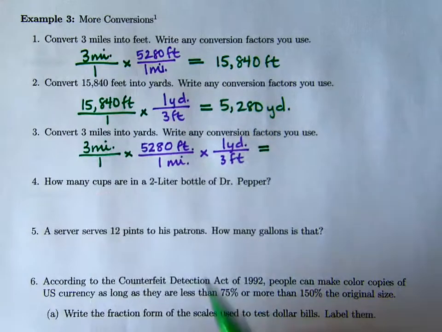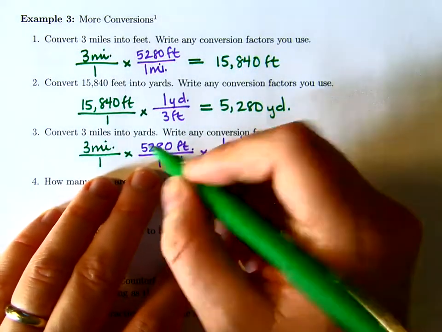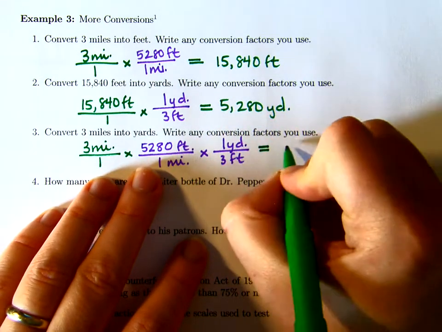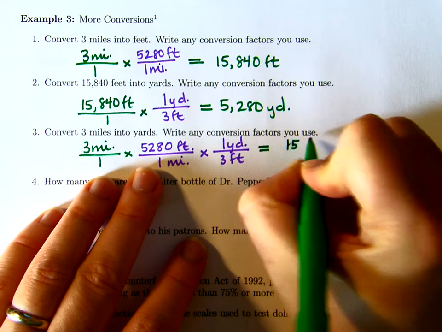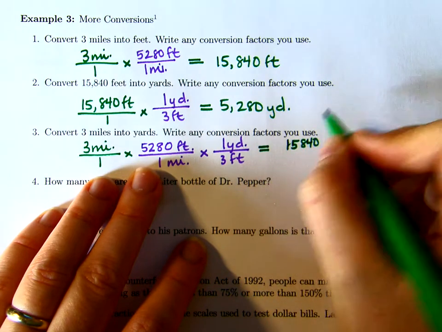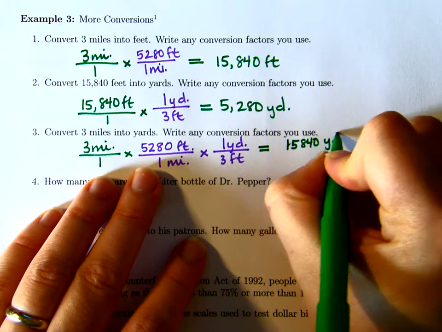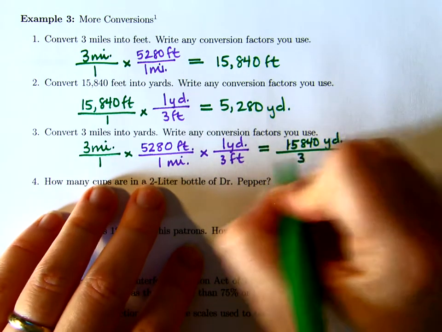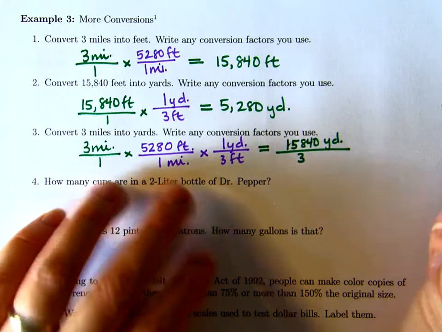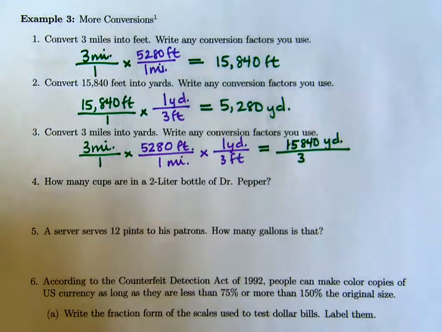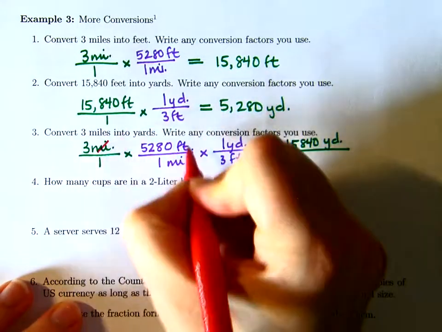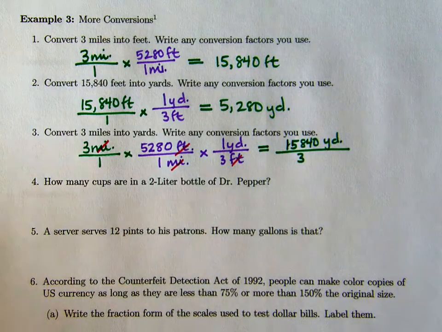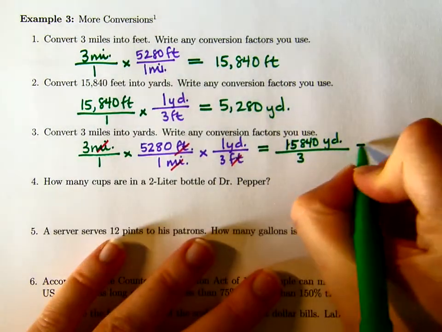And 3 times 5,280 is 15,840. I would have yards in that numerator. And 1 times 1 times 3 is 3, and I would have no units in that denominator. Feet, yards. Okay, and that ends up at the same result.